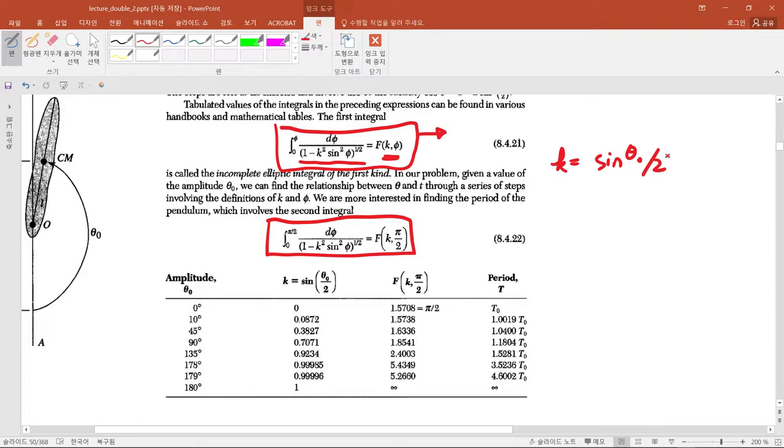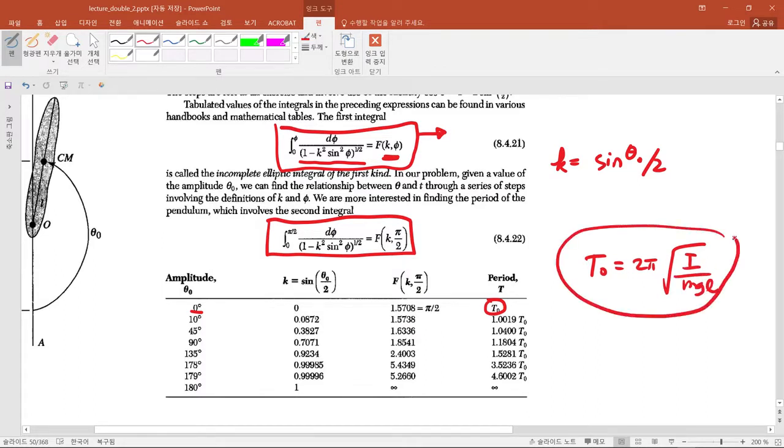When theta 0 is a small oscillation, it is the same as T0, which was equal to 2 pi square root I over mgl, if I remember correctly.